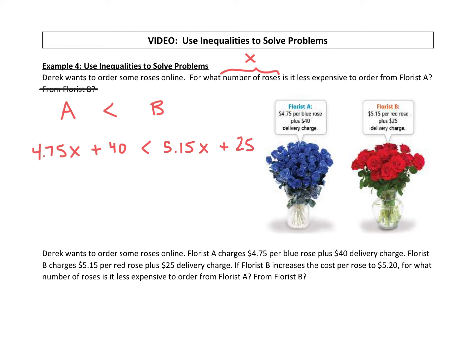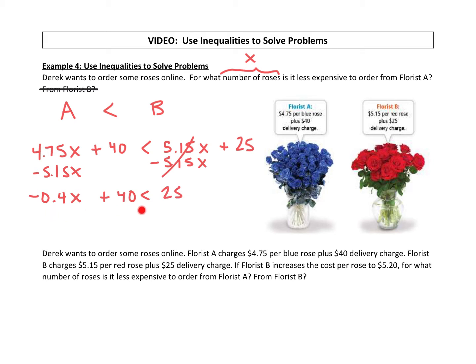Let's get our variables to the same side. I'm going to subtract 5.15x. That's going to give me negative 0.4x plus 40 is less than, carry down that 25.